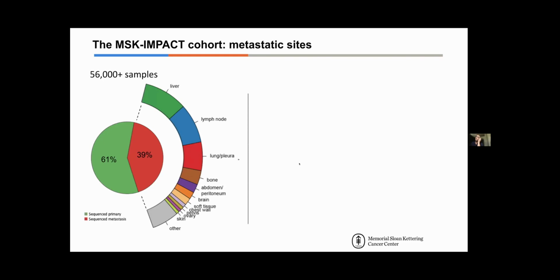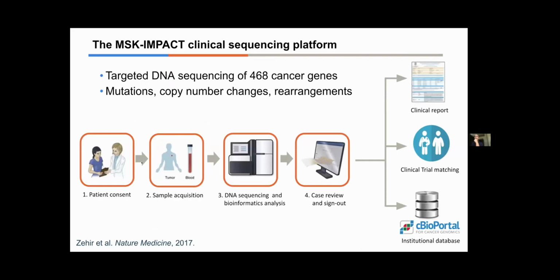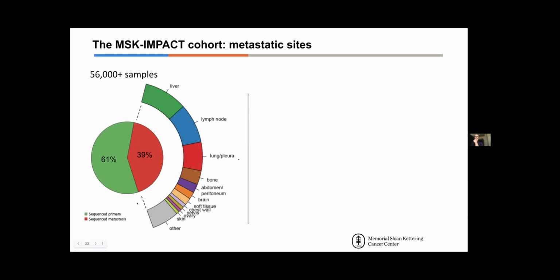So, when you go into cBioPortal right now, and just think about the clinical data itself involved, there's not so much information, but you do know if a patient has the primary disease sequenced or the metastasis.